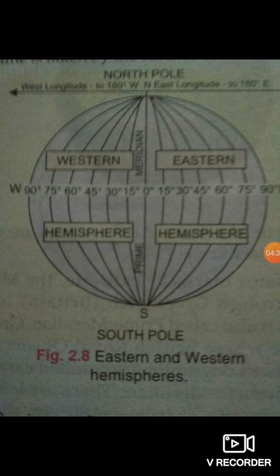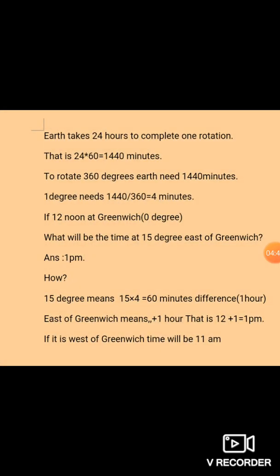That is, 1440 minutes needed to complete one rotation. So per 1 degree it needs 4 minutes. So the earth rotates 1 degree in 4 minutes. Thus, when it is 12 noon at Greenwich, the time at 15° east of Greenwich will be 15 into 4, that is equal to 60 minutes.